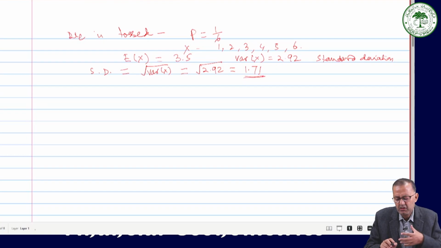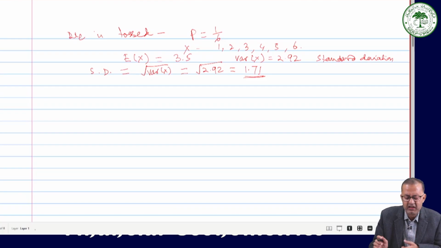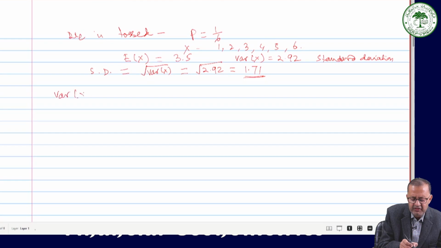Now when we toss two dice simultaneously and try to find out the variance between x and y, we have to calculate the variance of x plus y simultaneously.